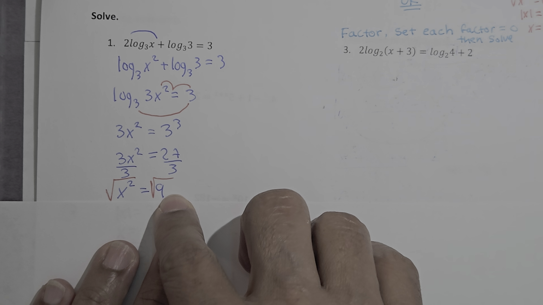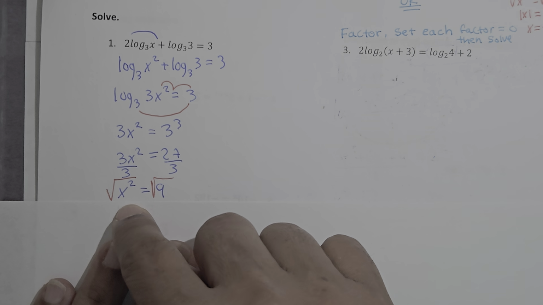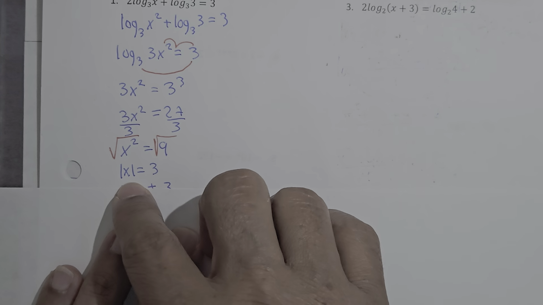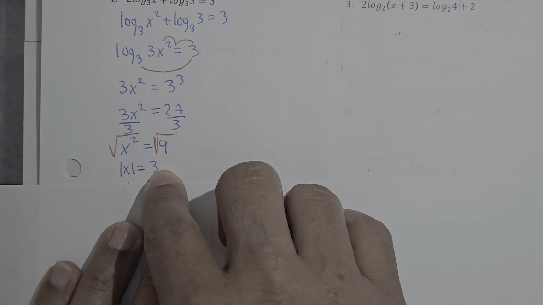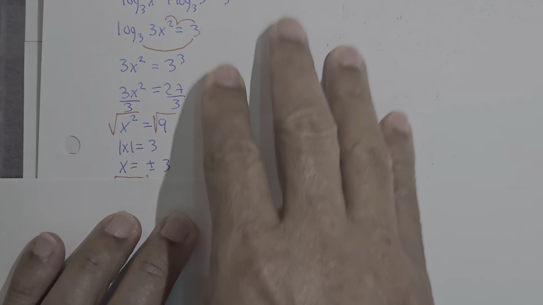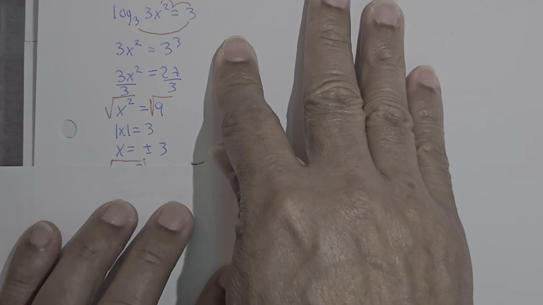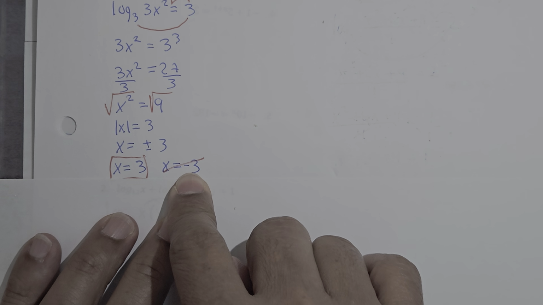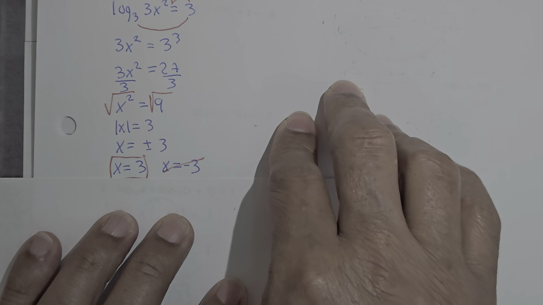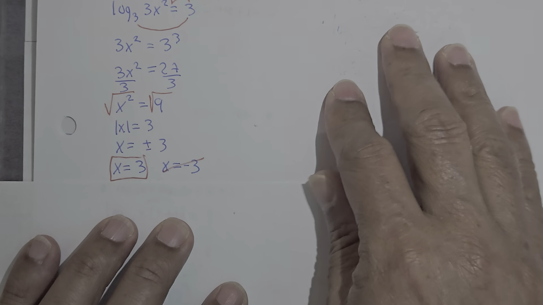So we have x squared equals 9. We want x, not x squared, so we take the square root of both sides of the equation. That gives us the absolute value of x is equal to the square root of 9, which is 3. When we remove the absolute value, we have x equals plus or minus 3. But don't forget, we cannot have the negative solution because those values are not in the domain of the log function. So the only solution in this case is x equals 3.